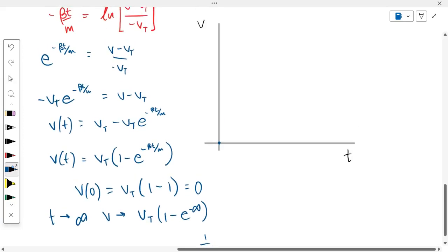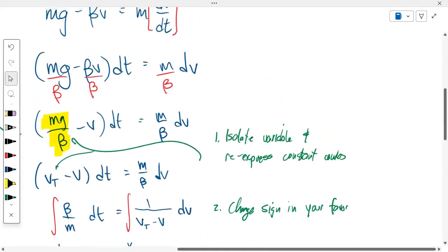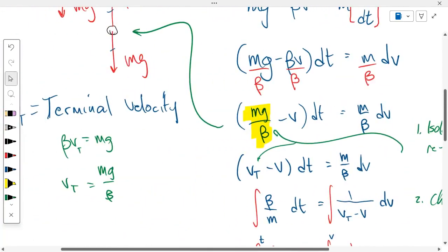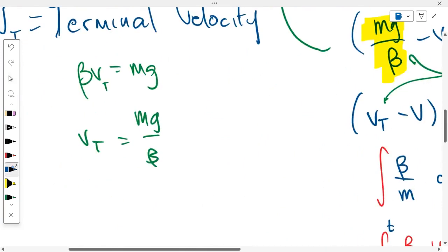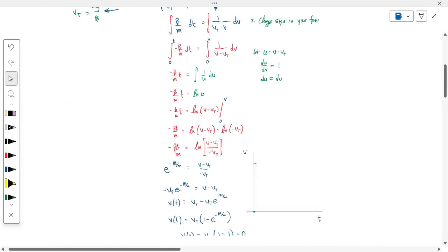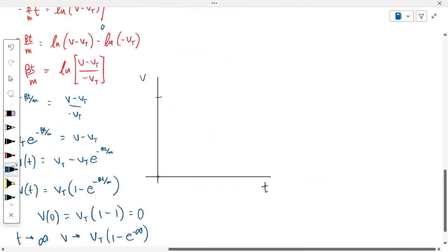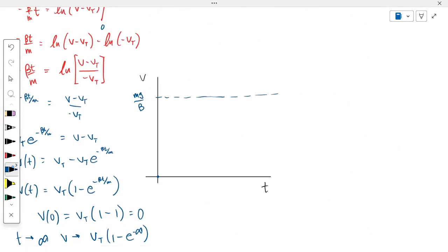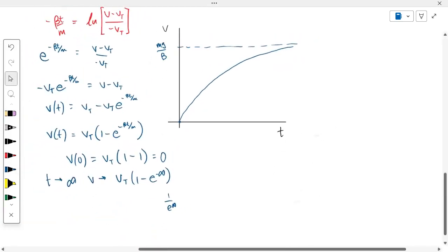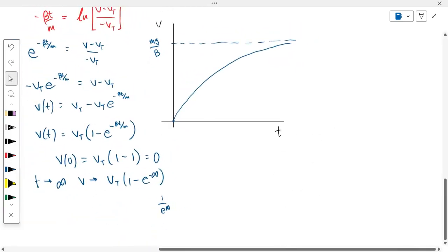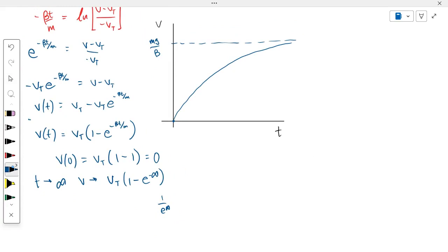If we're being explicit, we can go all the way back up and say, oh yeah, here's our V terminal, mg over beta. So this function asymptotes here, and we get a limited exponential growth that looks like that, where this velocity approaches but takes infinitely long really to get to that terminal velocity. So here is your expression.